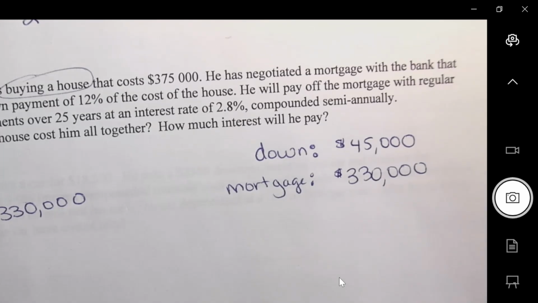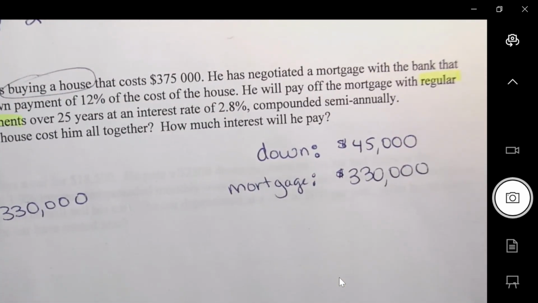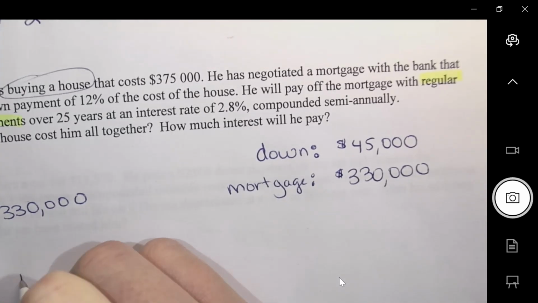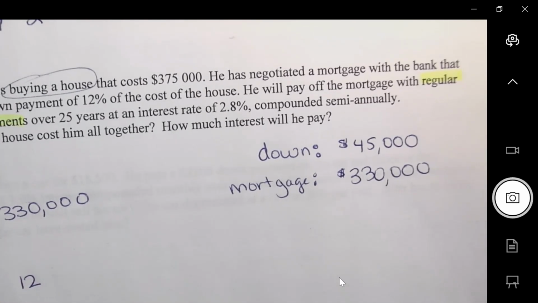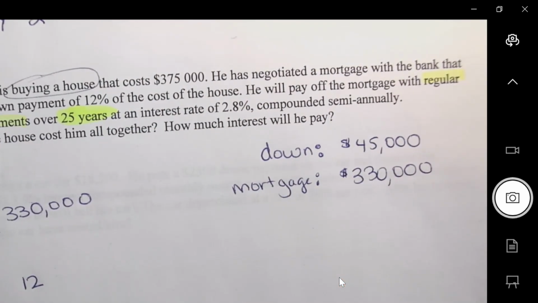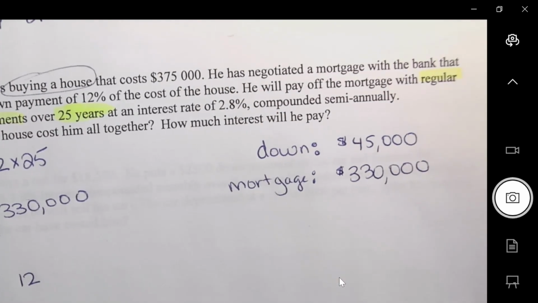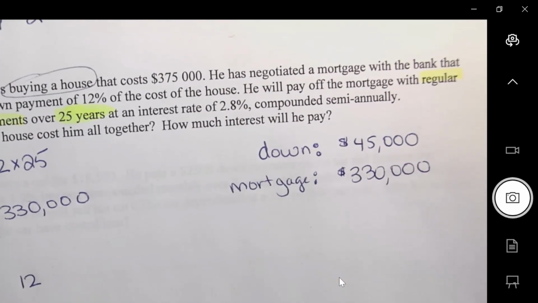Okay, we're going to make regular monthly payments. So payments a year is 12. 12 payments a year. We're going to do this for 25 years. So the N will be 12 times 25.